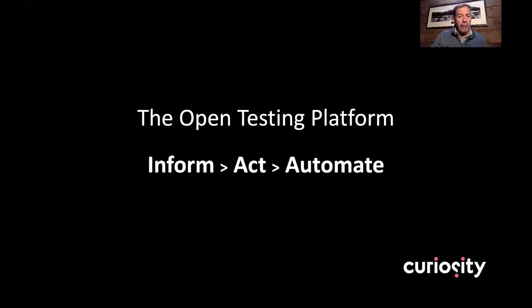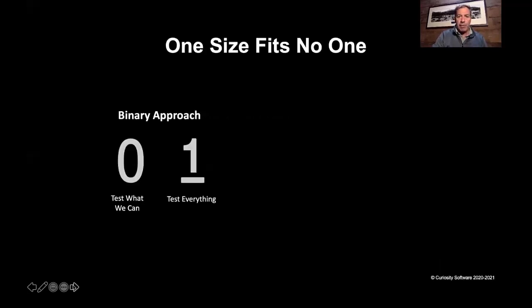We are not informed about late changes, or changes we were unaware of, that impact the testing cycle. If we were alerted to these changes, we could take action. So the inform, act, automate pattern is all about connectivity. It's about observing data throughout the dev test infrastructure so organizations can take advantage of information and make it actionable. That's what I'm going to present to you today with the Open Testing Platform.